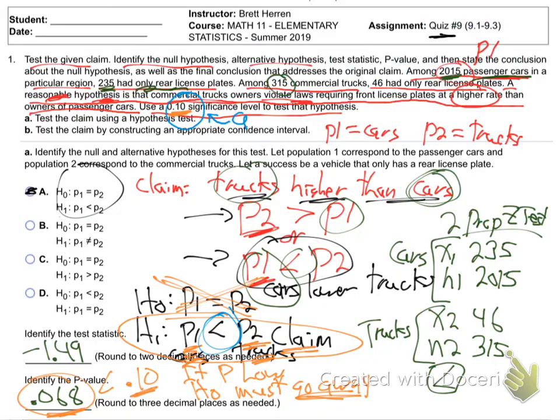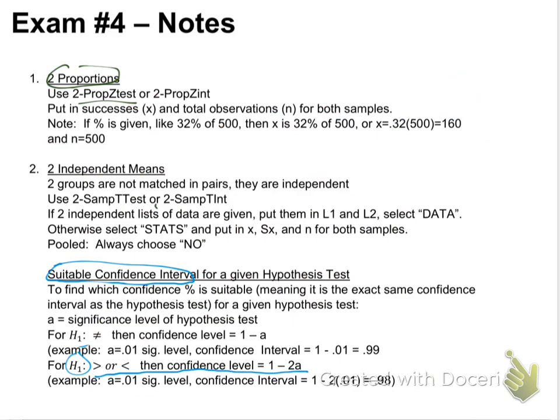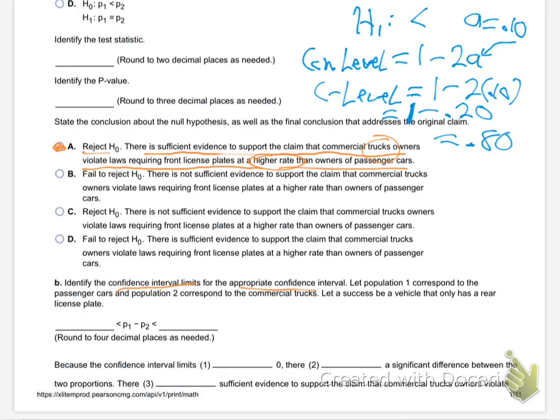Now, let's go back to our notes. So we're doing the 2 proportion, the 2 prop Z interval instead of 2 prop Z test this time. So we'll go there and do that. So 2 prop Z interval on our calculator.